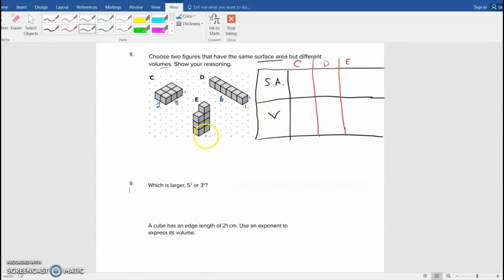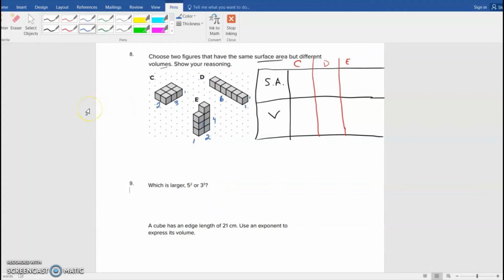And then letter E is 1 wide by 2 long by. Now I have 2 different heights, so I have this height is 1, 2, 3, 4, and notice this height is only 3. So we're going to have to make sure that we're being careful with that one. It looks a little bit trickier than the other two.